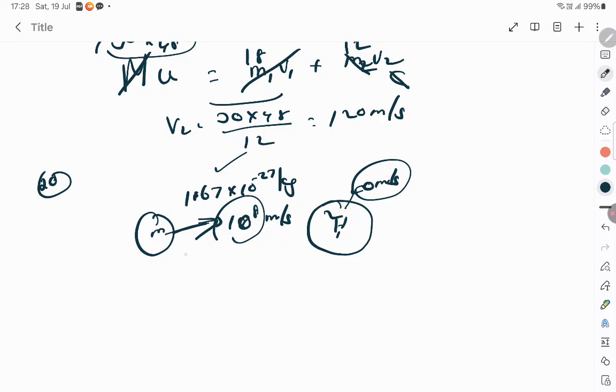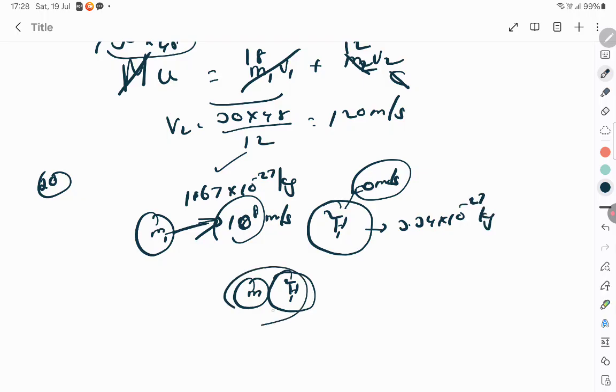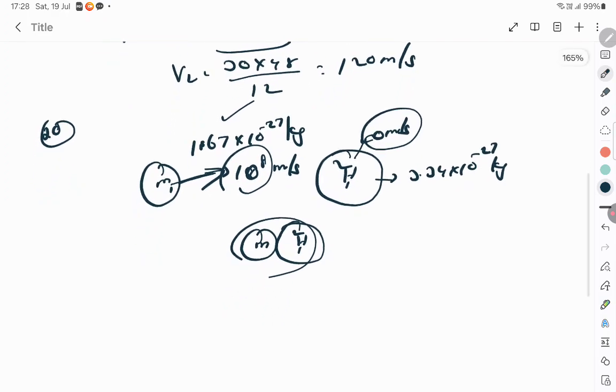So after colliding, the neutron and the deuteron are going to be sticking to one another. The deuteron's mass is also given, it's 3.34 into 10 to the power minus 27 kg. Find the speed of the combination. So these two are going to stick together and then move.